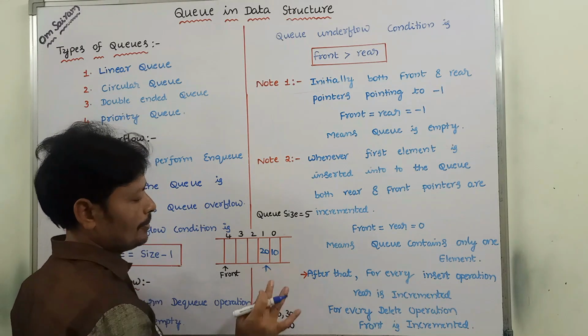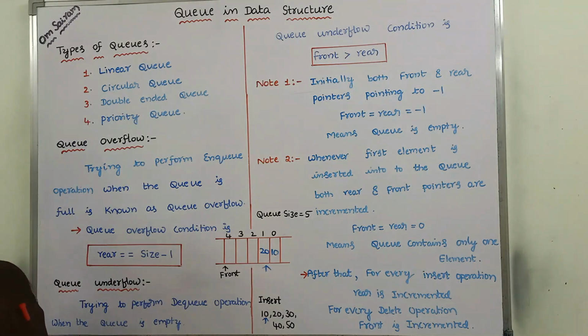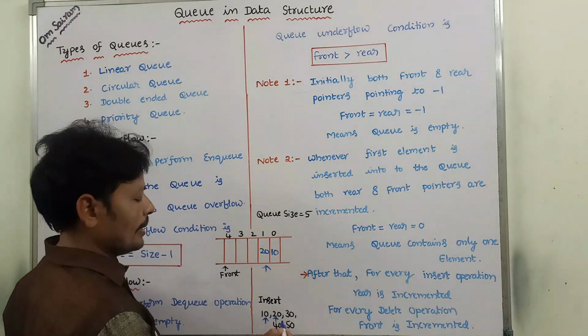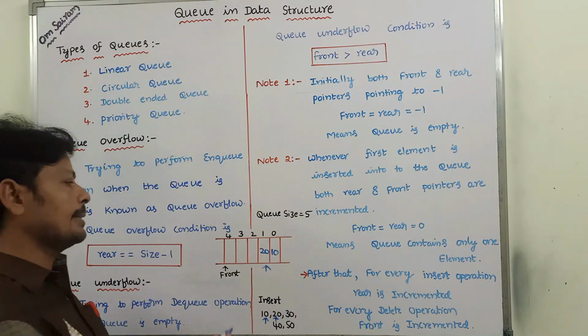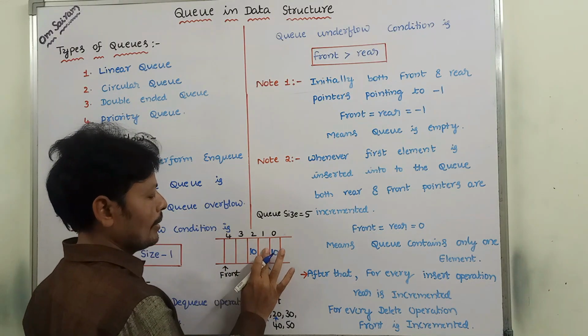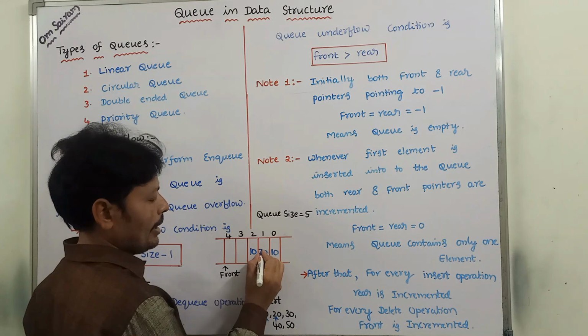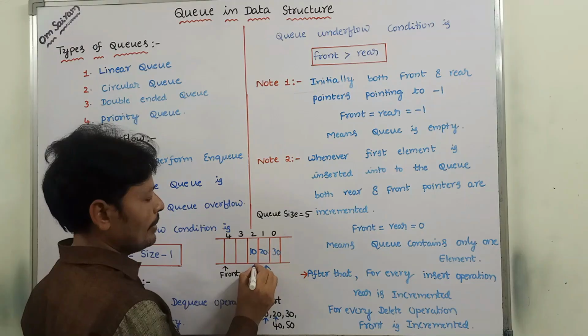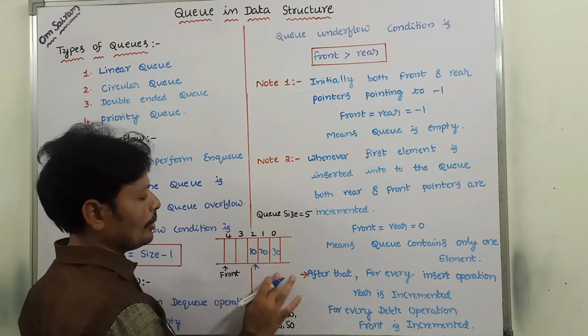Next, we want to insert 30 into the queue. So here 10, here 20, here 30. At that time, the rear pointer points to this one.